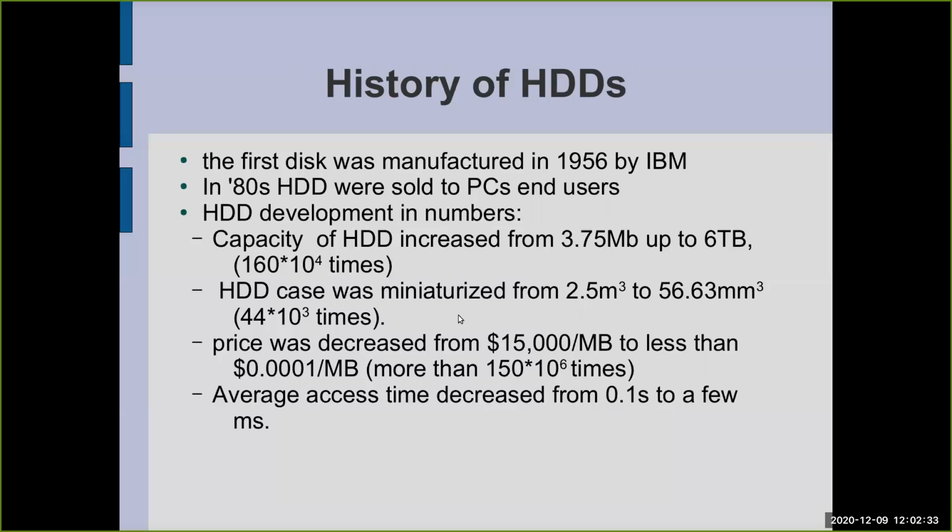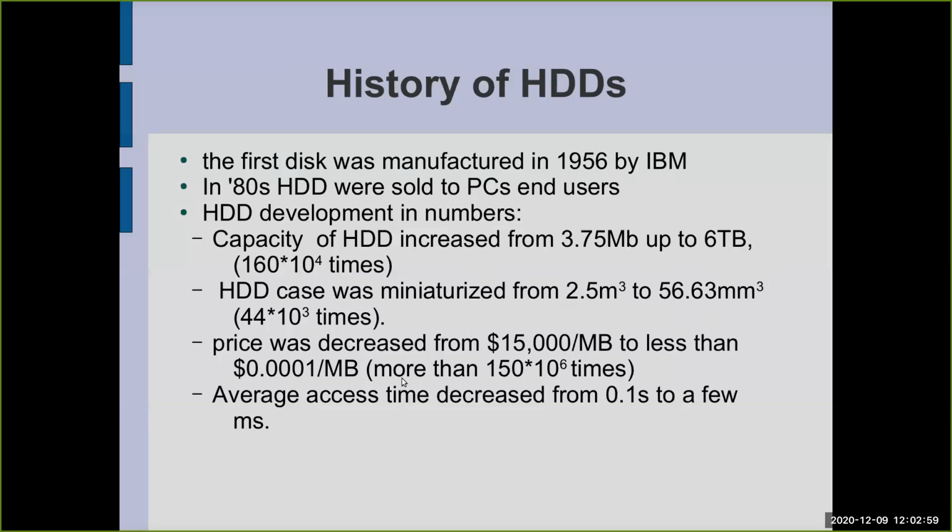From that point in history up to now, there was great progress. Now we have hard drives with more than 6 terabytes, and there are hard drives which are bigger than 10 terabytes. Also, the size was decreased.